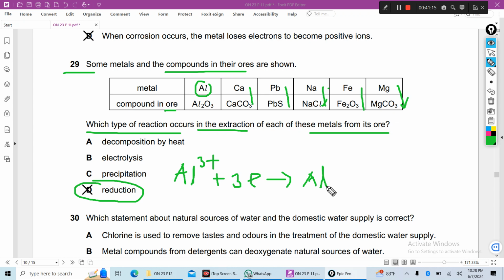So during electrolysis also, metal is produced at the cathode by the reduction process. And iron oxide is less reactive, so less reactive metal is extracted by the reduction process. That's why D is the right answer.